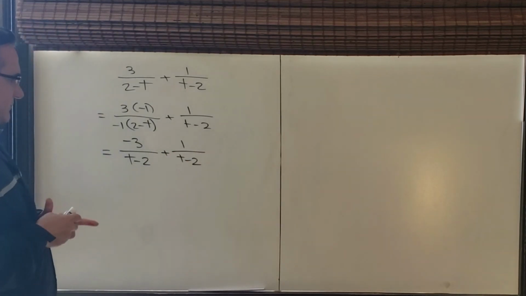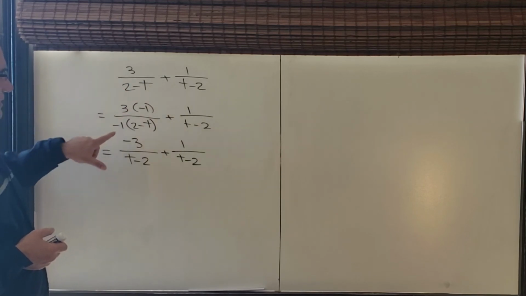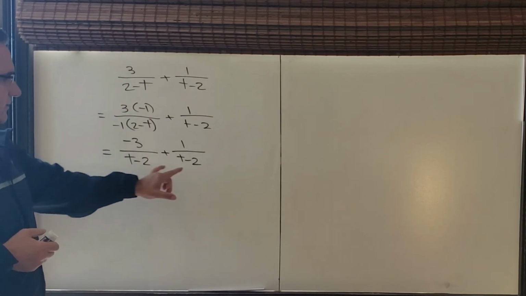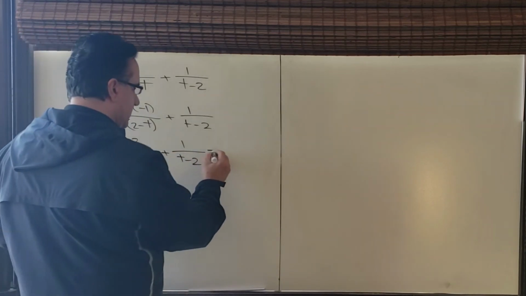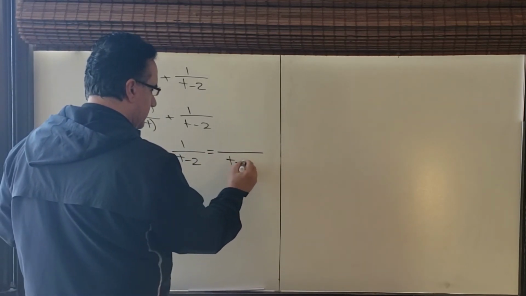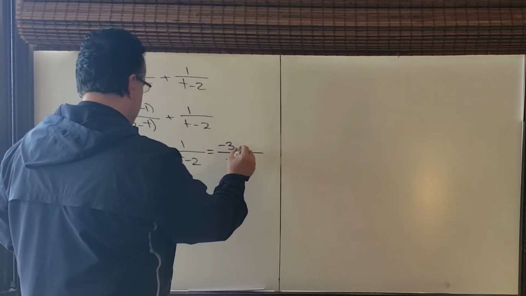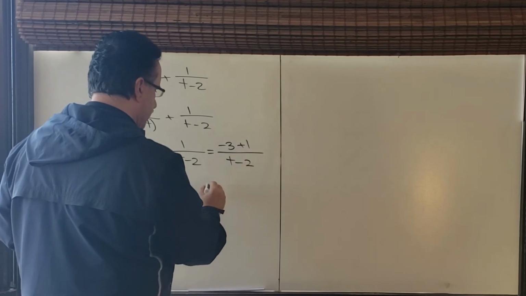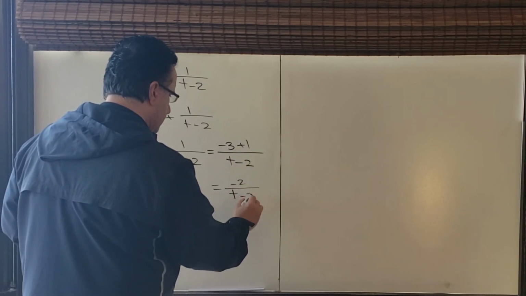So just with that simple move of multiplying top and bottom of this fraction by -1, we ended up making the denominators the same. So all we have to do now is keep the common denominator and combine the numerators. -3 plus 1. And we end up with -2 over t minus 2.